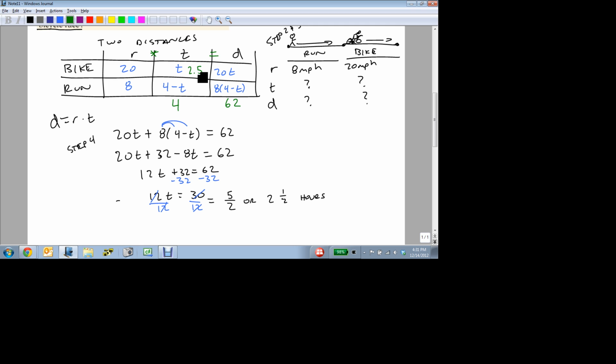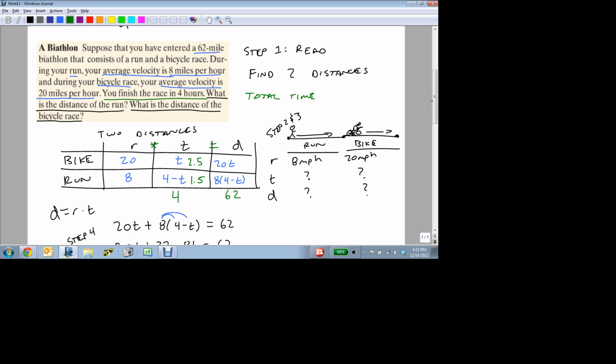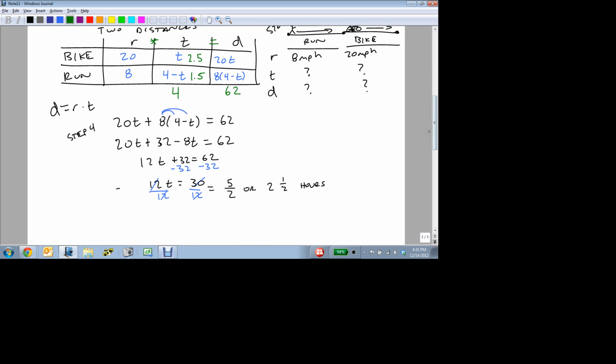We're going to write 2.5 here and 1.5 here. Well, and again, remember we're trying to answer the two distances. That's what we're trying to find. And we've now found two times. So that's not going to give us our answer. What is going to give us our answer, though, is to find the distances.